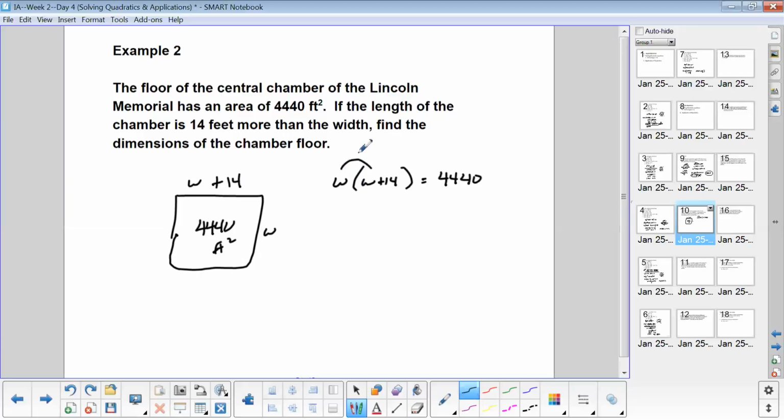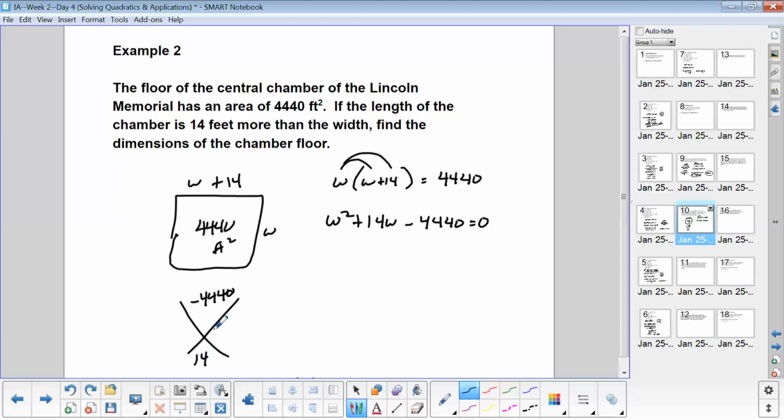You can distribute, and you'll get W squared plus 14W. I want to subtract this over so I can set it equal to 0. And again, since A is 1, I'm looking for factors that multiply to give me negative 4,440 and add to give me 14.